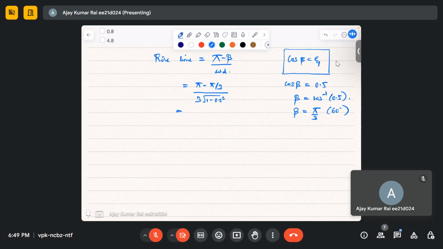So what is its value? It is 2 pi by 3, divided by 2.6, which we calculated previously. So this is 2 into 3.14 by 3 into 2.6.